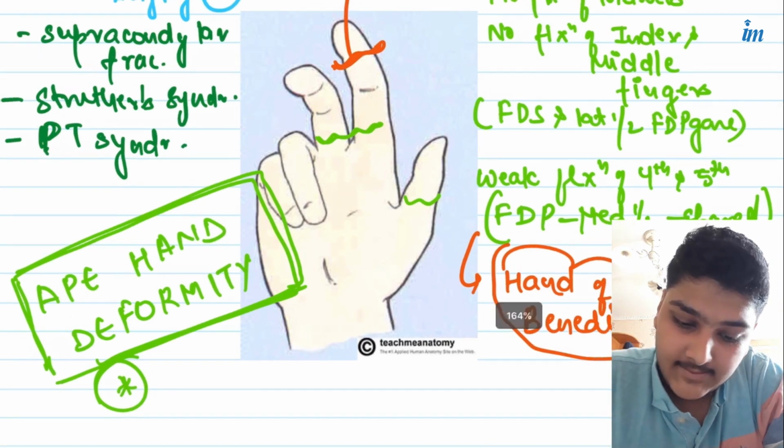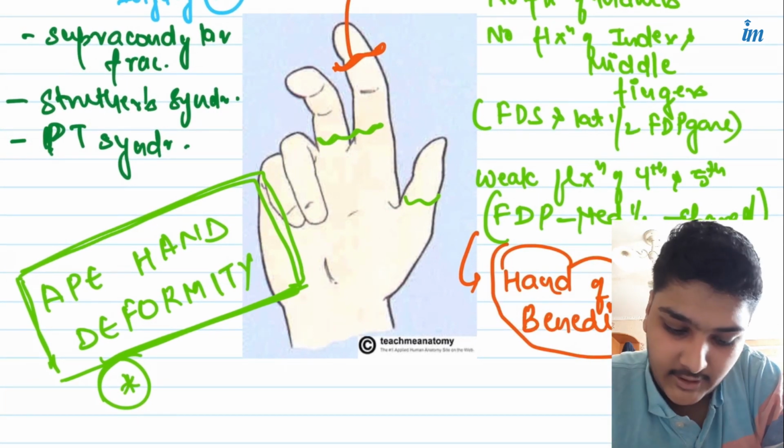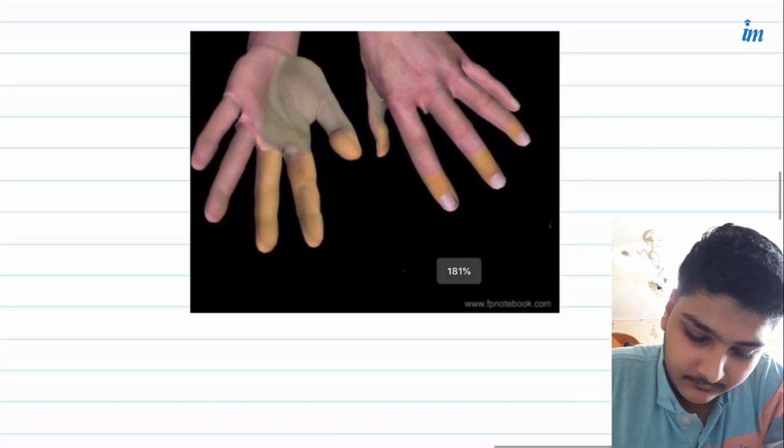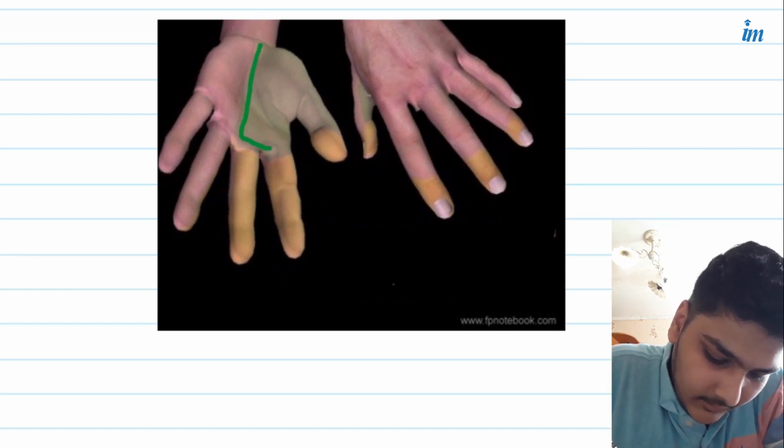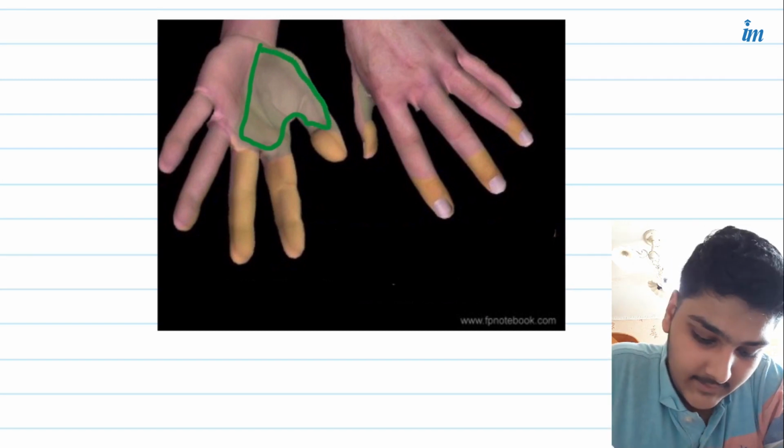Now along with this, what will happen? We have some cutaneous branches also. So along with this, in upper median nerve injury, there will be loss of sensation from lateral 2.5 or 3.5 of your palm. There will be no sensation over this region.